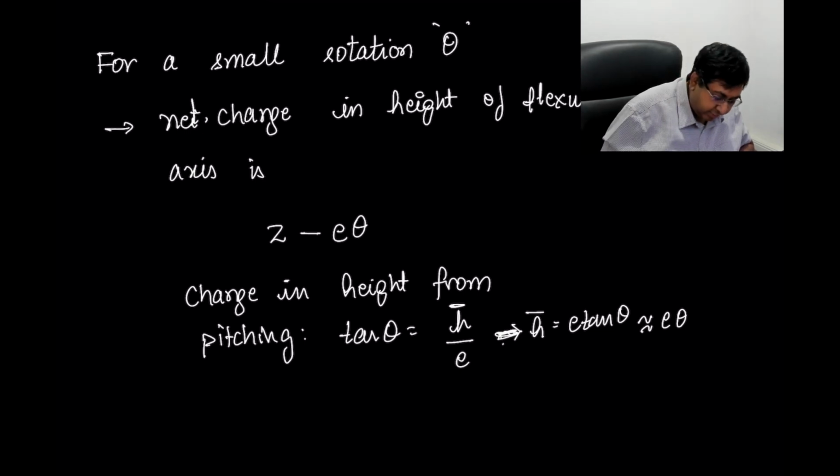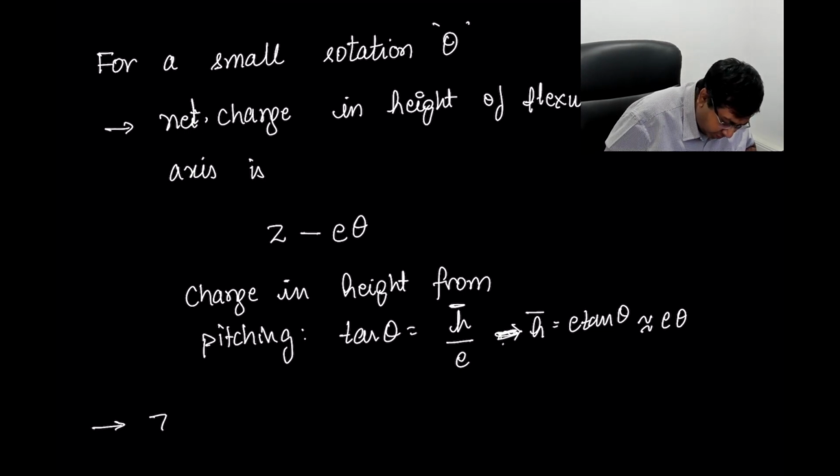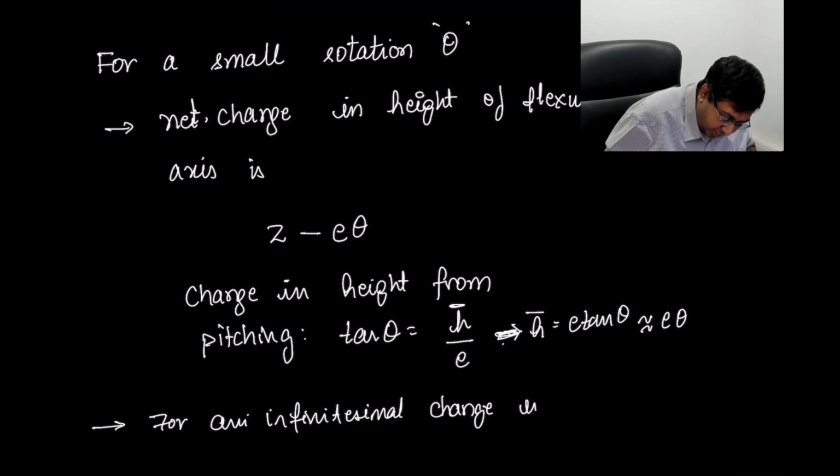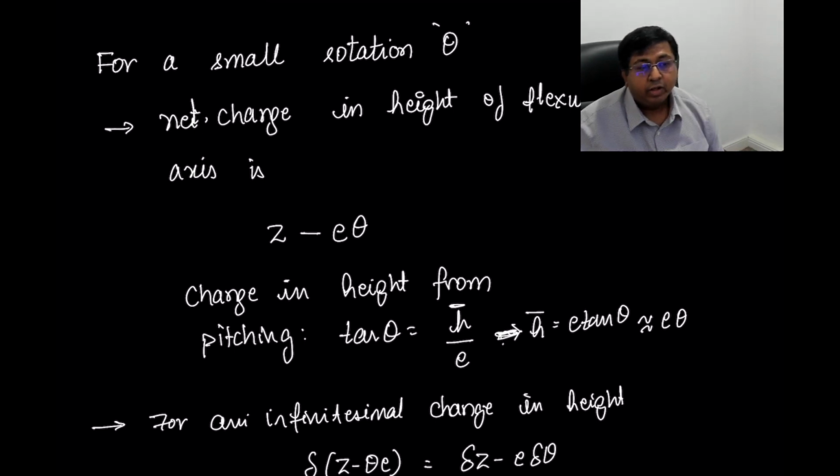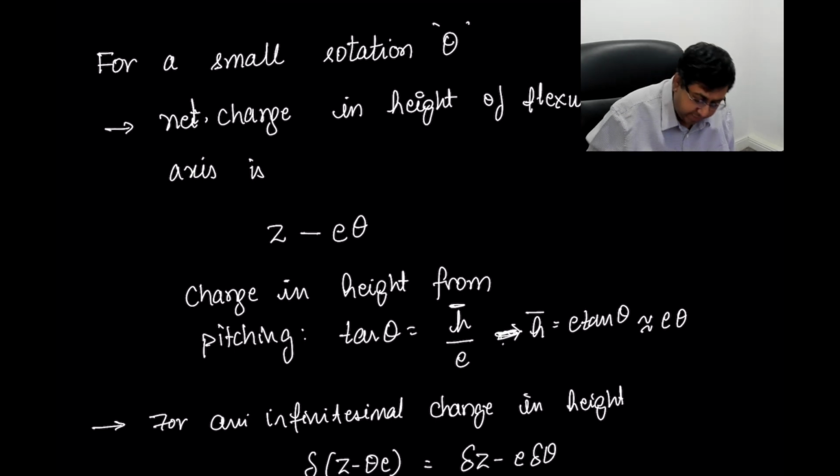So for an infinitesimal rotation, the change in height is equal to d of z minus E into theta, that is nothing but delta z minus E delta theta. So this is the net virtual displacement of the flexural axis.